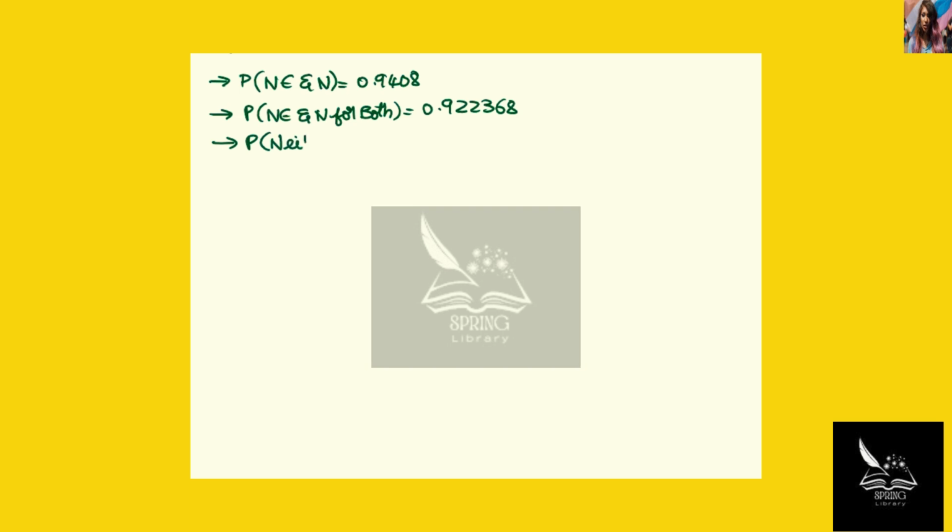The probability of not exposed and negative is 0.9408, and the probability of not exposed and negative for both is 0.922368, and the probability of neither positive is 0.922368 when rounded to 6 decimals. So this is a summary of the values that we have calculated so far.